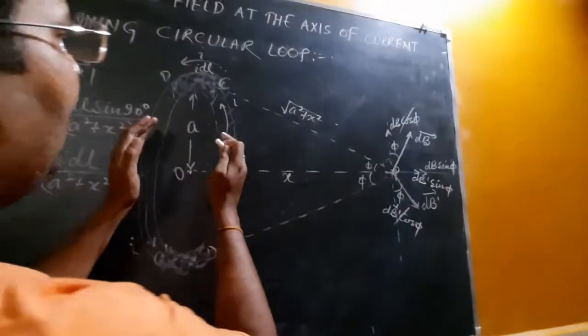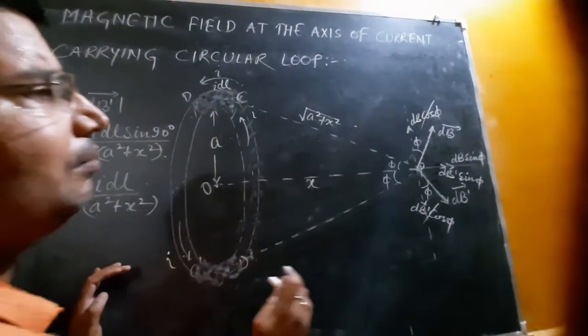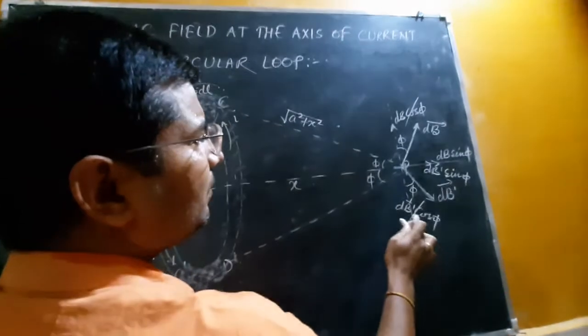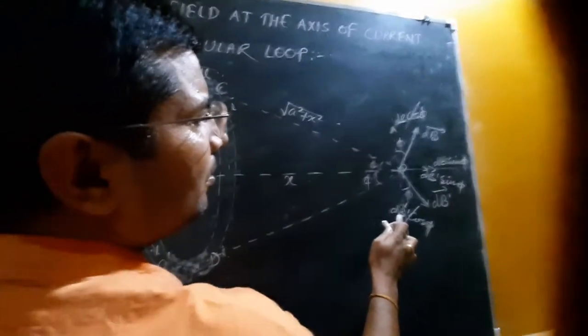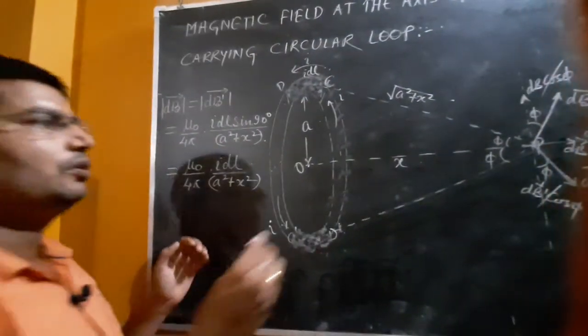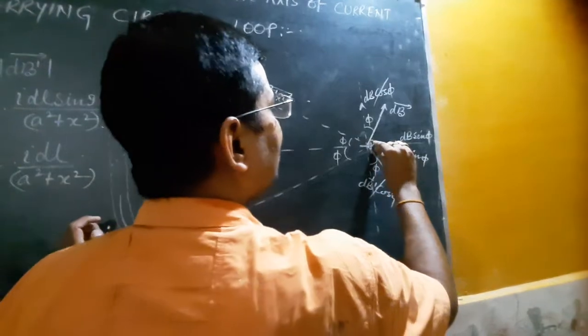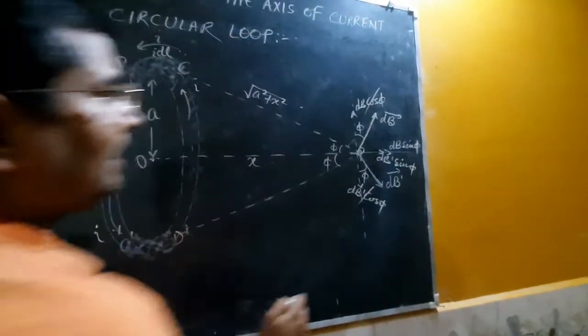Similar is the case for other opposite current elements. For all the current elements, the component of magnetic field having cos phi will cancel the effect of each other. So you are only left with sin phi components. All these components are added together.